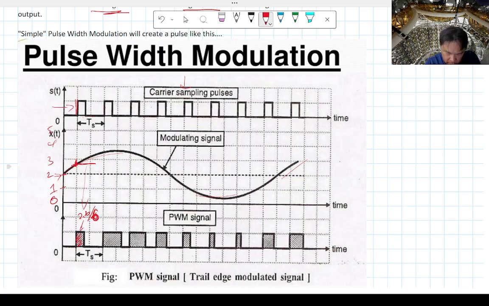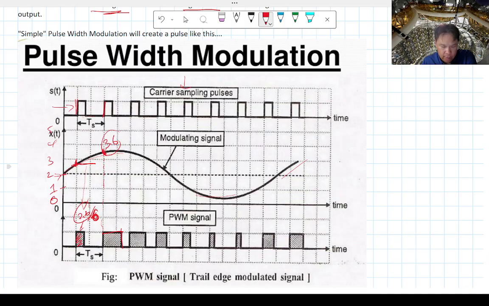The next uptick, we're going to do another sampling. And now the number is bigger, about 3.5 or 3.6. Since this is bigger than 2.6, we pulse it a little longer.